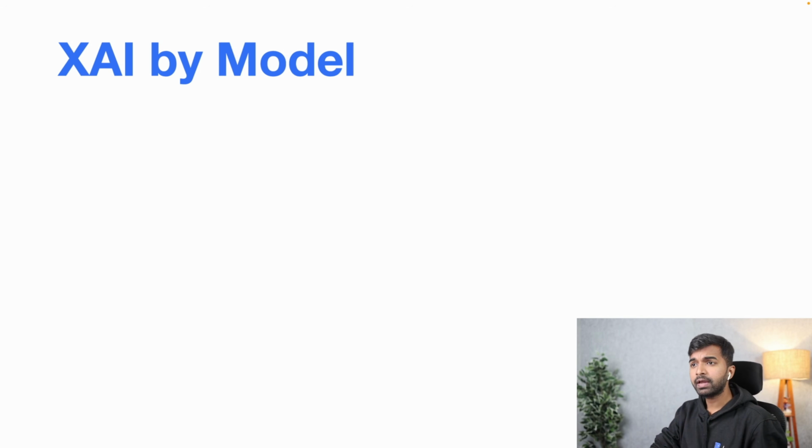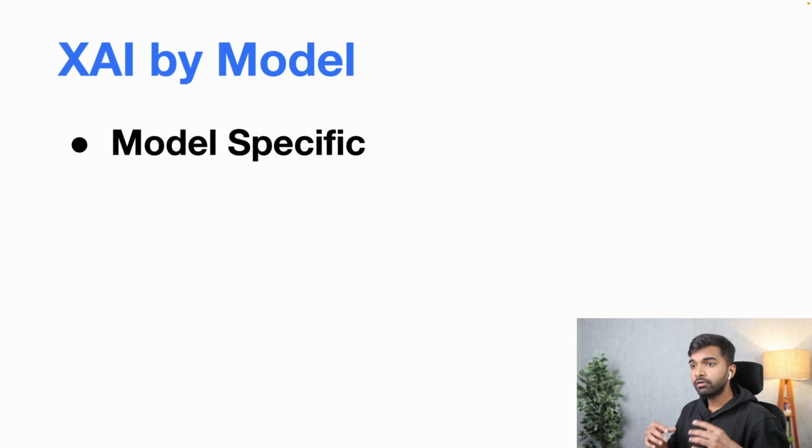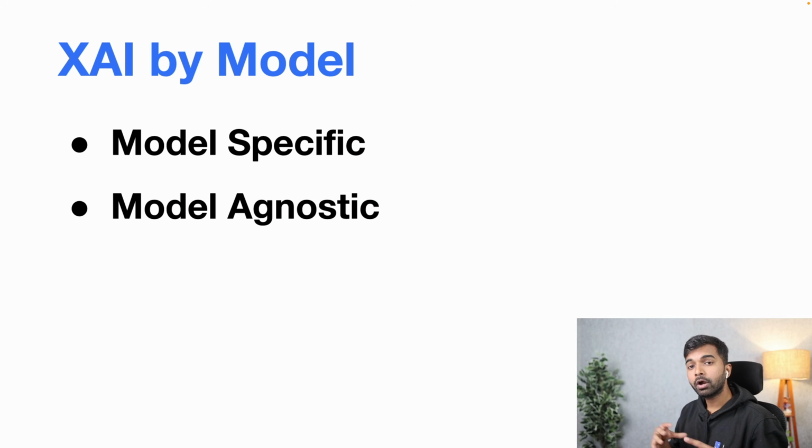Finally, another way of looking at explainable AI techniques is by the kind of models that they can handle. A lot of explainable AI techniques, especially the post hoc black box techniques, are model agnostic, which means they do not require knowing anything about the model. But then you also have a bunch of explainable AI techniques that are model specific.